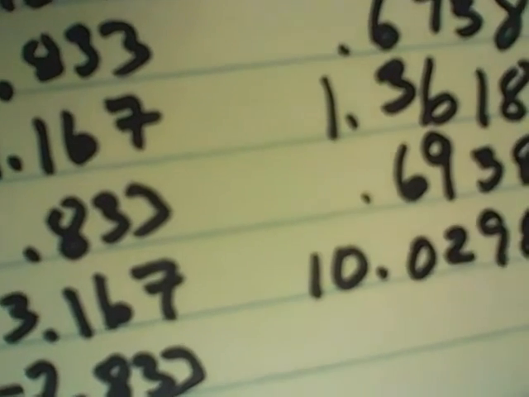And the next thing we're going to do is take 3.167, square it, and that comes out to be 10.029889. Add that. And finally, we could do as a negative 2.833, and we'll square that.